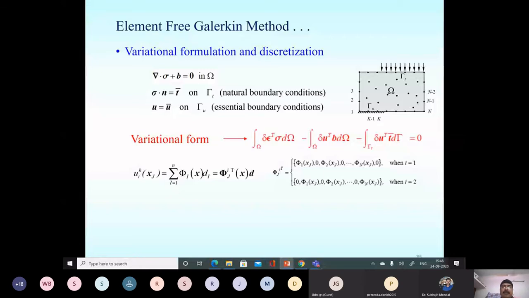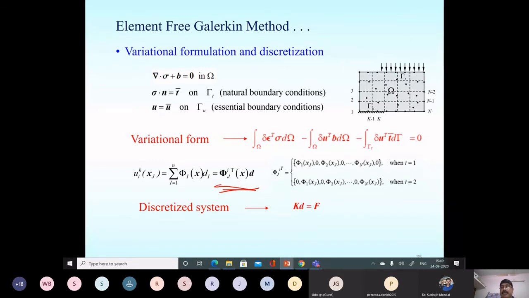You derive the variational form for this governing equation, then you apply the approximation here, and it will reduce to Kd equal to f. Now you have integral equations here. If you want to integrate, you have to use numerical integration, and the numerical integration used for FEM will be used here.